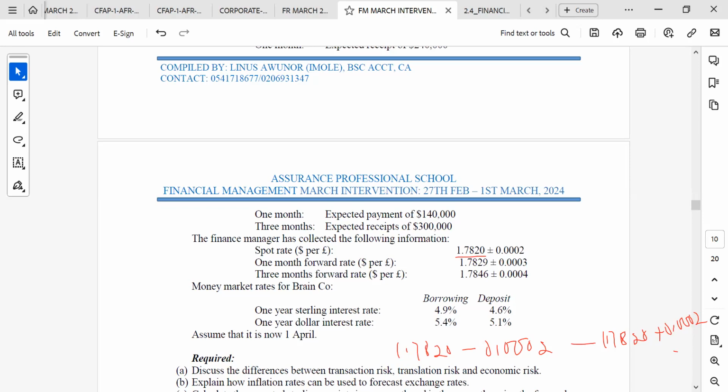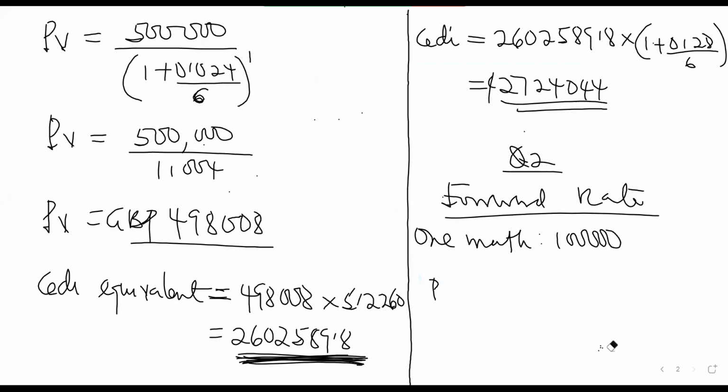So let's look at the 1 month forward rate here.